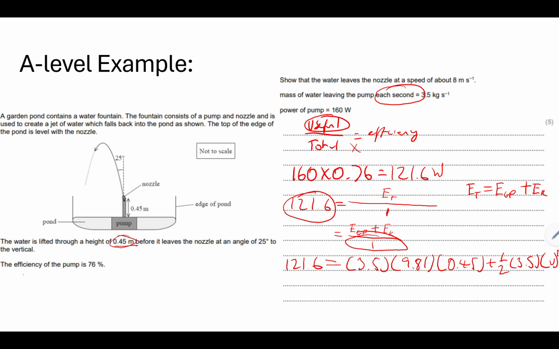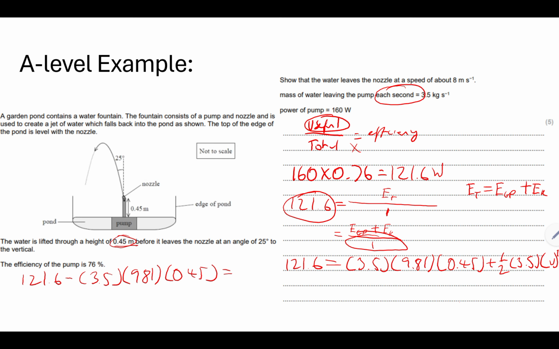So we just need to do 121.6 take away 3.5 multiplied by 9.81 multiplied by 0.45, as we want to try get the V by itself. So this is the first step in doing so.